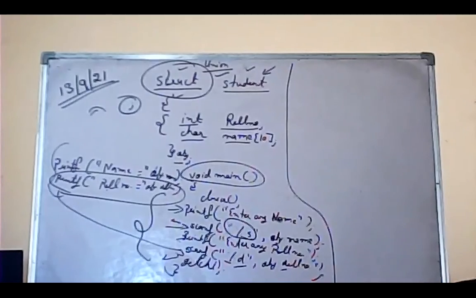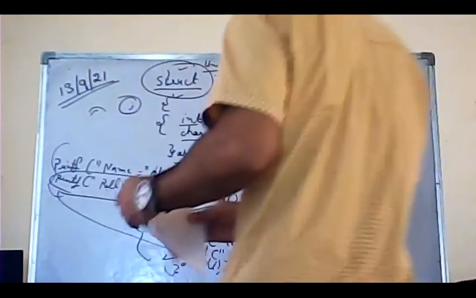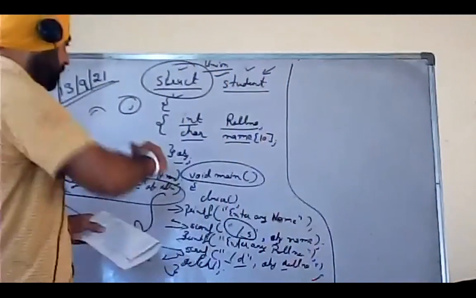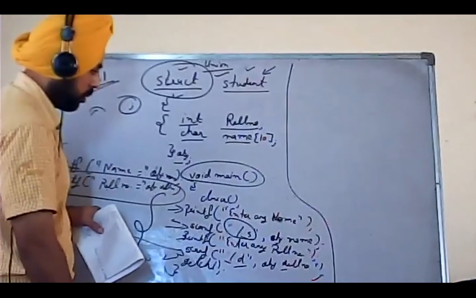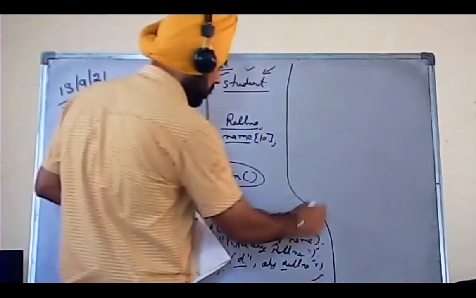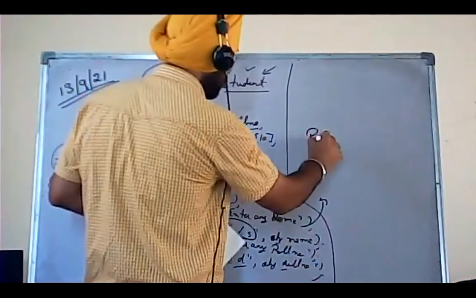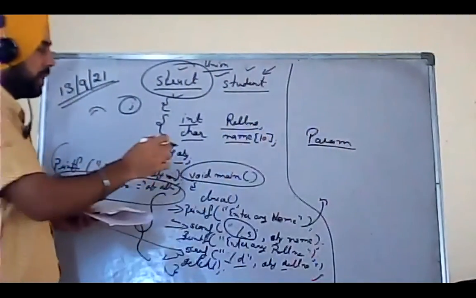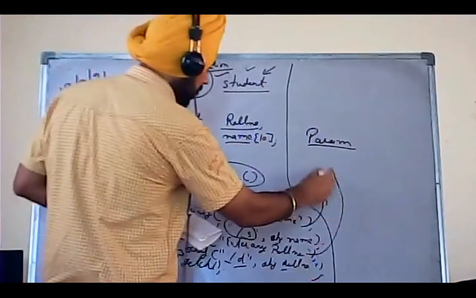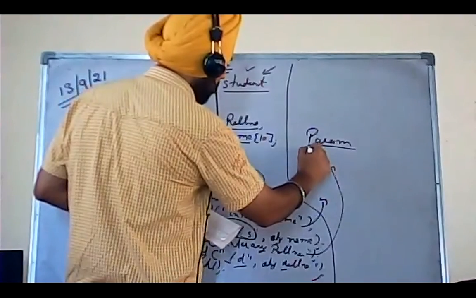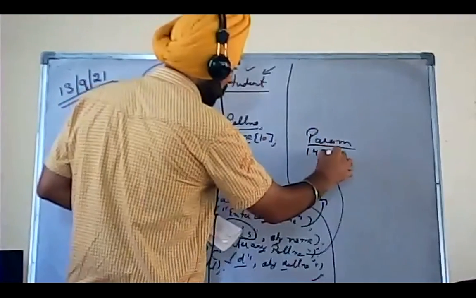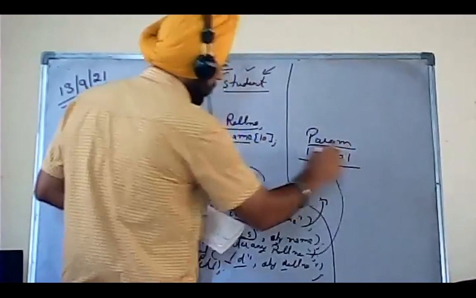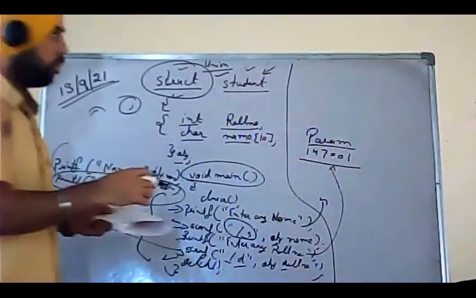So suppose I enter values in this program. In the case of name, we enter the value Param, and in the case of roll number, suppose 147001. What will we get?